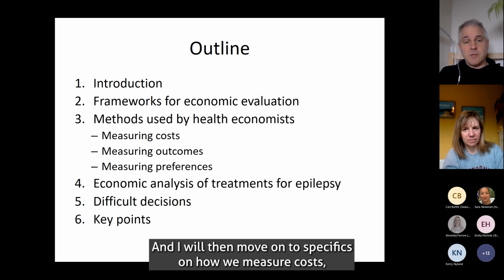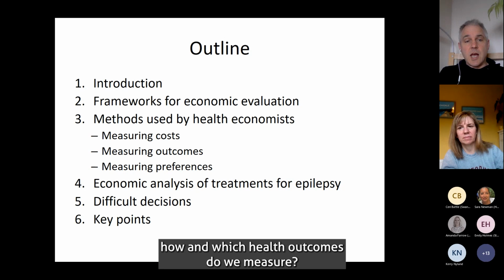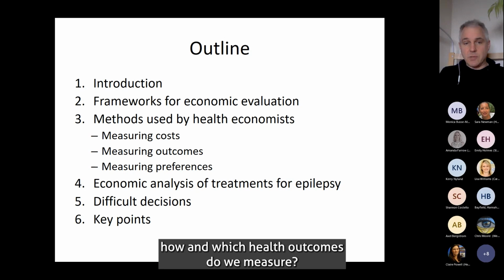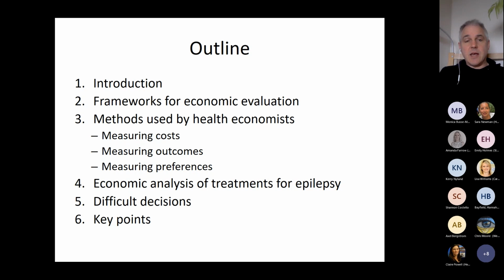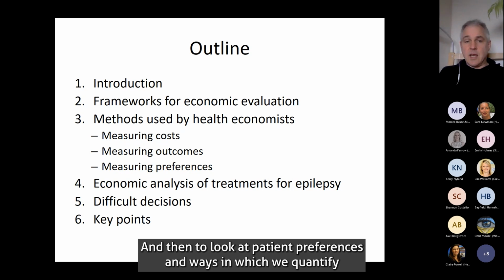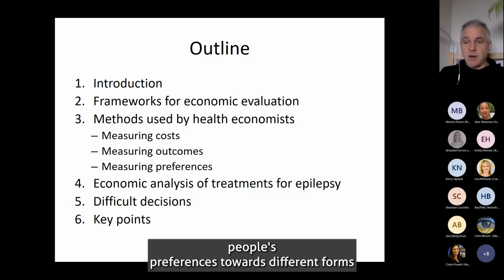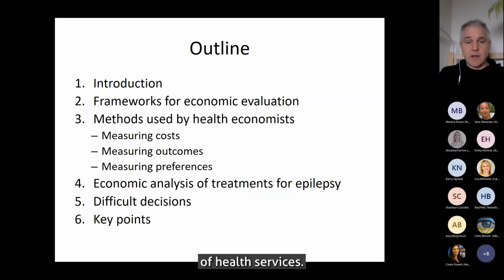And we'll then move on to specifics on how we measure costs, how and which health outcomes do we measure and incorporate in economic evaluations, and then to look at patient preferences and ways in which we quantify people's preferences towards different forms of health services.